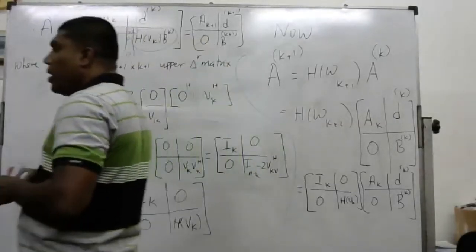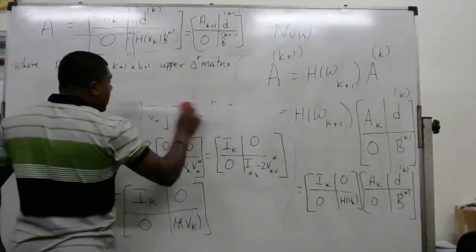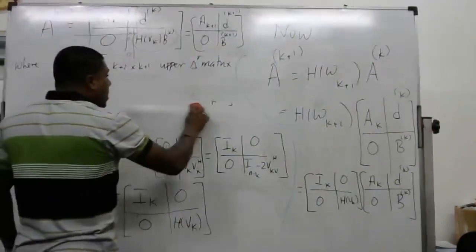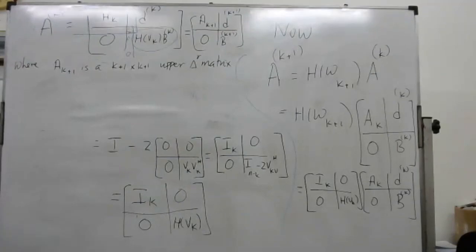So clearly, after doing the transformation, you can expand the size of Ak to A k plus 1, where A k plus 1 itself is an upper triangular matrix of size k plus 1 cross k plus 1.